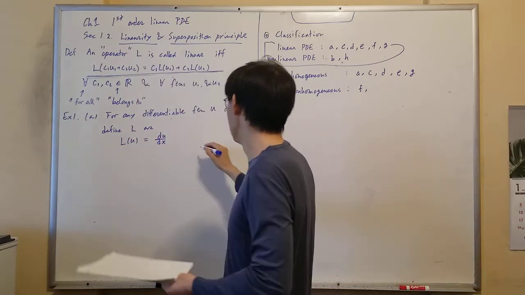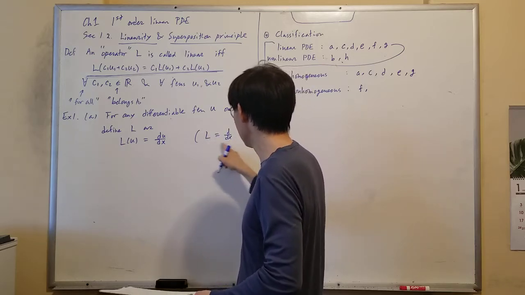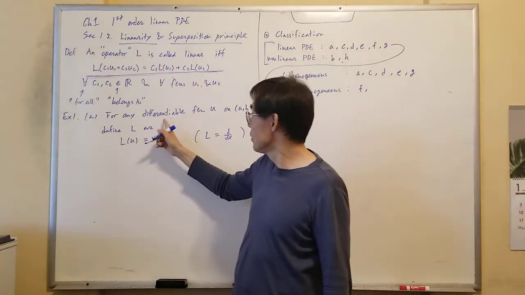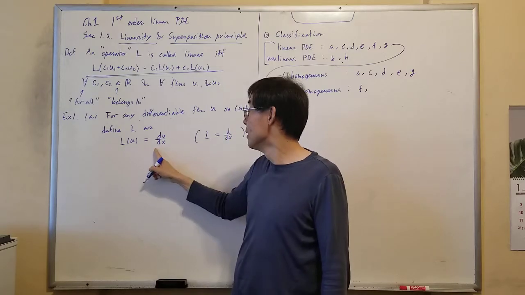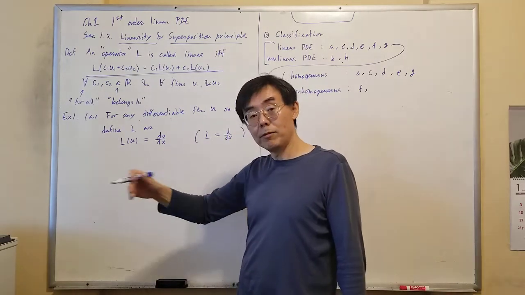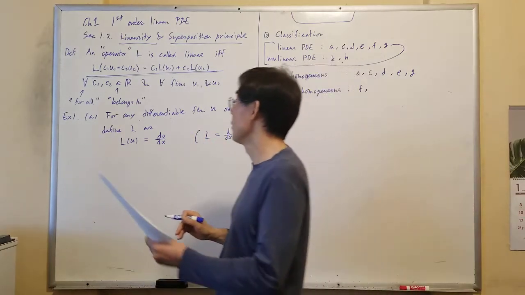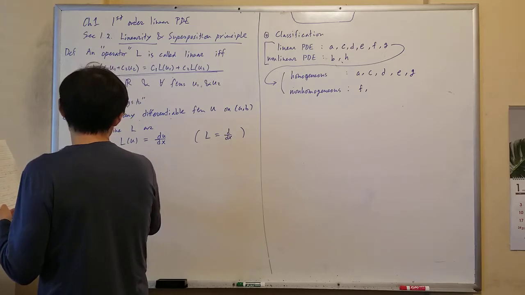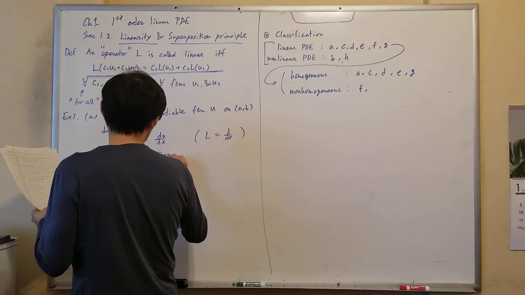So basically L is d over dx. I can write L as this, the derivative of. So this is an operator, a differentiation operator. You take an input function, you give its derivative as an output. Then it is a linear operator.